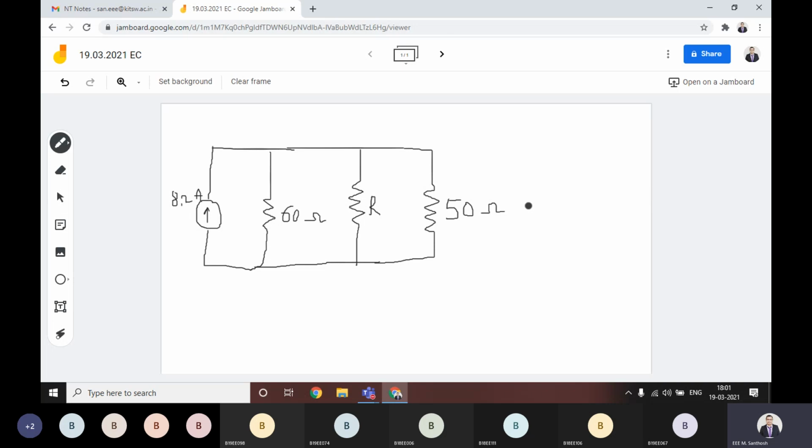Now start solving. Your time starts now. If you have noted it down, it's okay. If you haven't noted down, I repeat the question. What value of R? We have to find the value of R that ensures the current through this 60 ohm resistor of this circuit is 1 ampere.